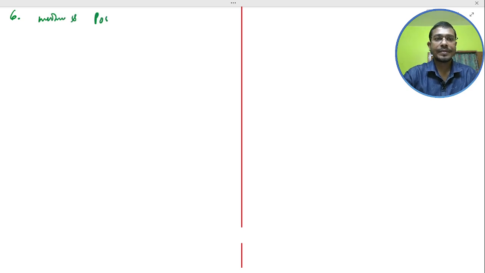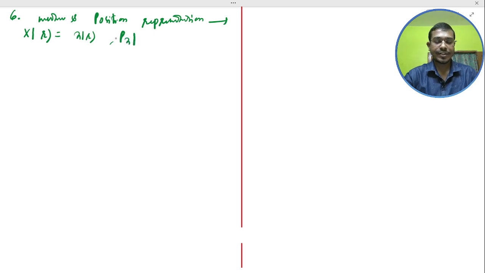Momentum and position representation. Suppose x acting on |r⟩ is equal to x|r⟩, and Px, the x component of linear momentum, acting on |p⟩ gives px|p⟩.